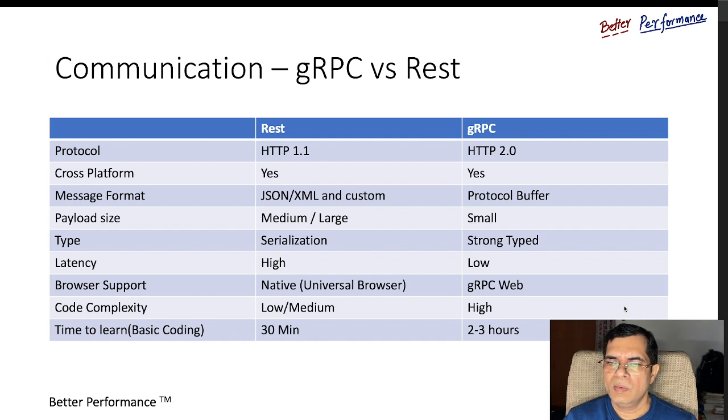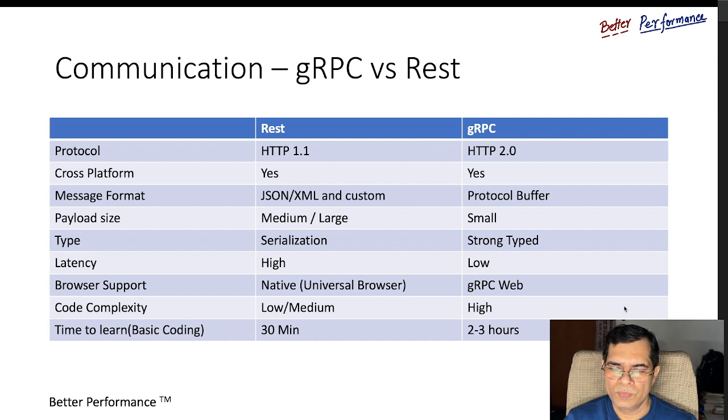REST has a medium to large payload, whereas protocol buffers in gRPC have a small payload. JSON, XML or any custom message format always goes through serialization and deserialization, whereas protocol buffer is binary, so it is a strongly typed message.